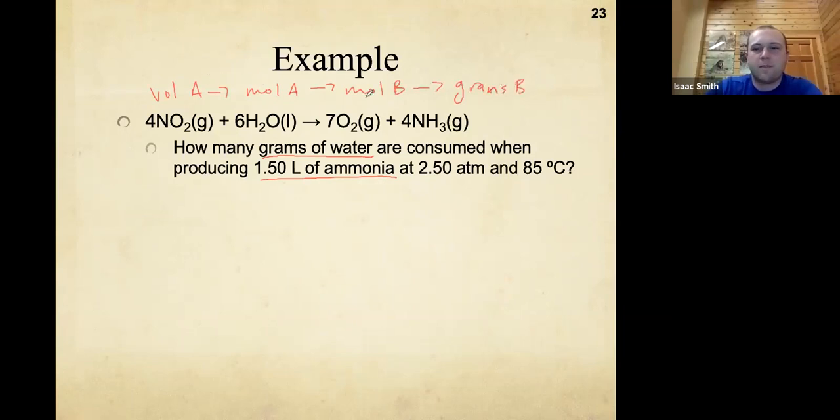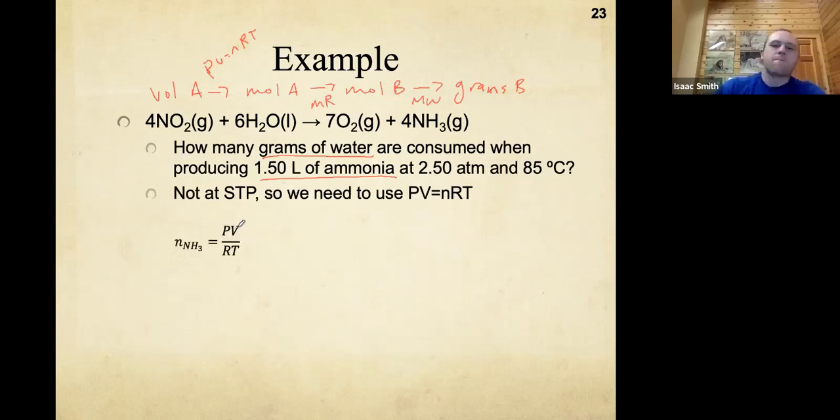Volume of A to moles of A, we're not at standard temperature and pressure, so we need to use the ideal gas law. Moles of A to moles of B is just the molar ratio, and then you have the molar mass that takes you from moles of B to grams of B.